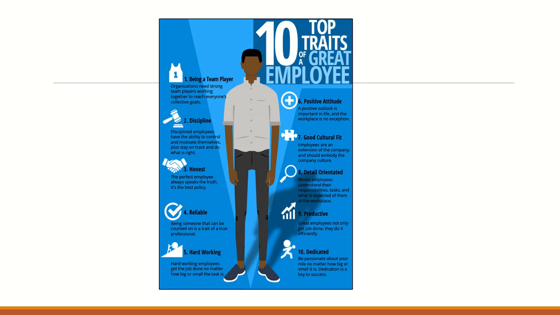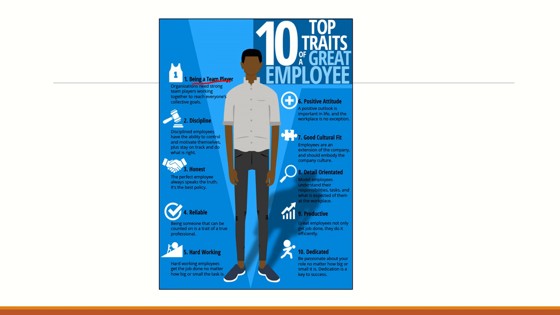And also, as I mentioned, it is not only for hotel employee, but for any kind of job that you need to know. And in the next year, you are going to be a student trainee. So you are in a police station office or immigration office or wherever, you have to have the simple top 10 traits of a great employee.